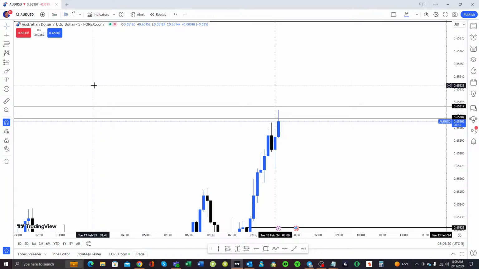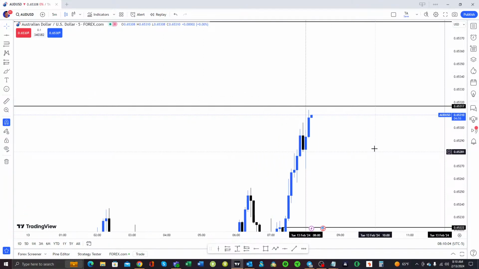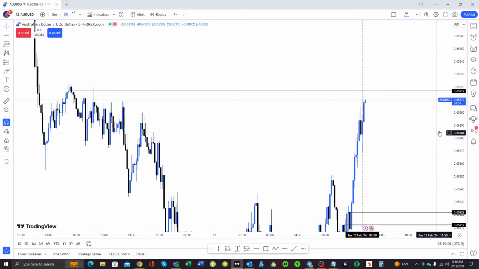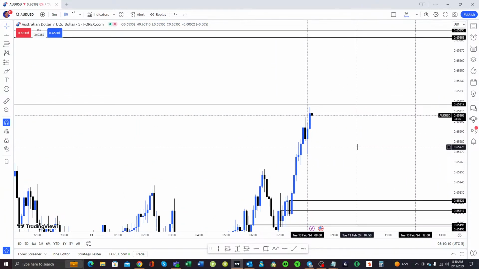Okay, now it's holding again. Okay, this one got broken through. We're gonna leave it. We've got just this last supply in this zone here.